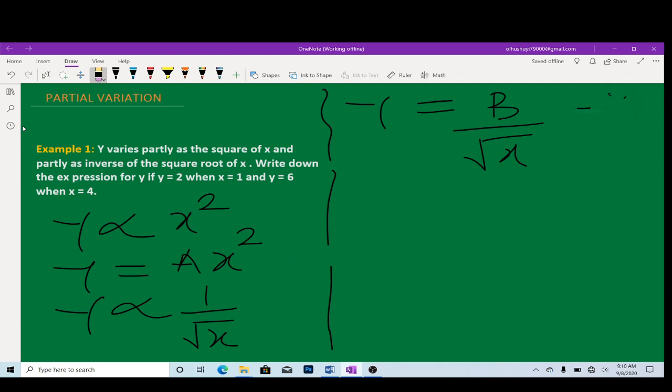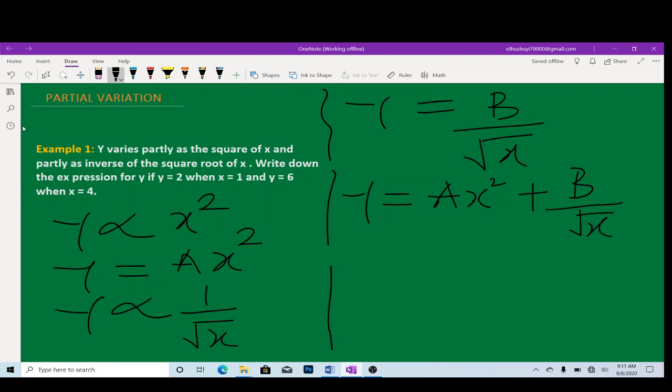Let's combine these two, then another statement will form equation 2. Since y is equal to this, y is also equal to this. So y is equal to ax squared plus b over the square root of x.